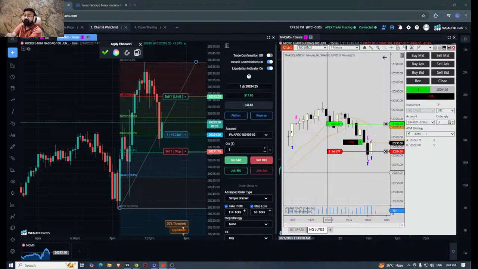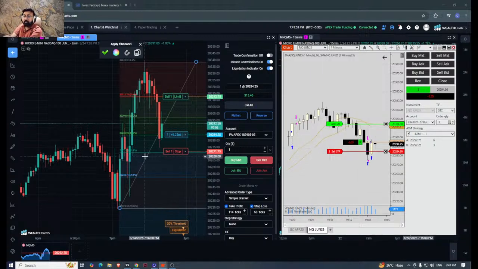Let's see. Holding both of them. We have a selling pressure there. I would want my stop loss to be somewhere here actually, if it is going that way.